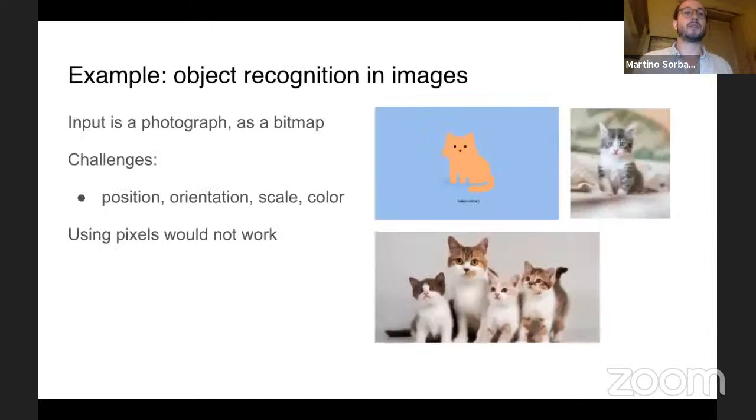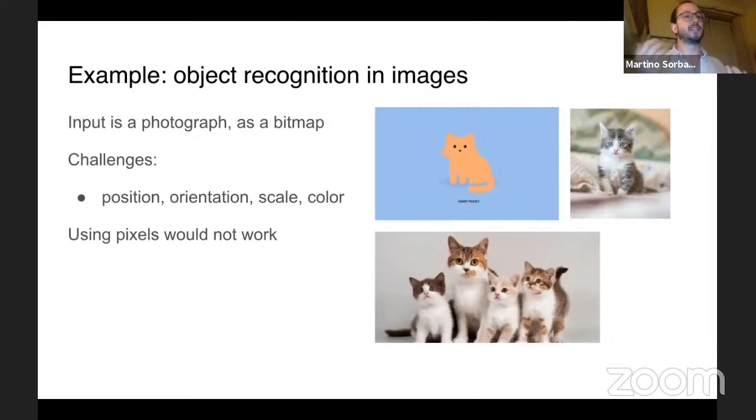So I was talking about recognizing a cat. Think about it yourself. How would you say that you recognize a cat? I show you a cat and you explain to me what makes you think that this is a cat. You may tell me something like, oh, it has whiskers, it has fur, it is of a certain size, and all these things.